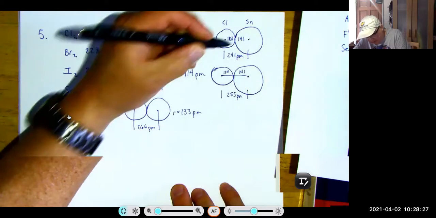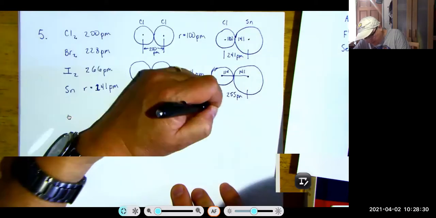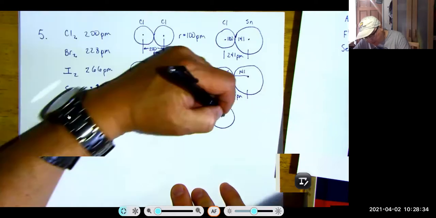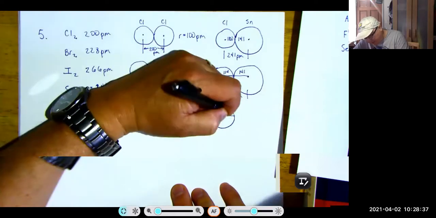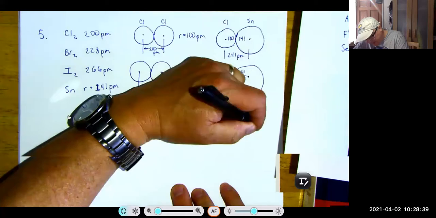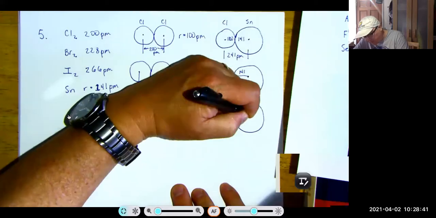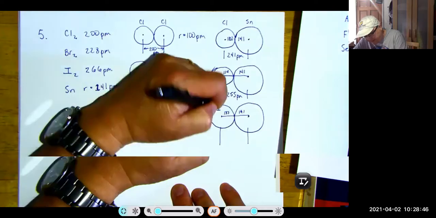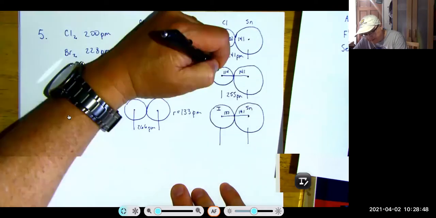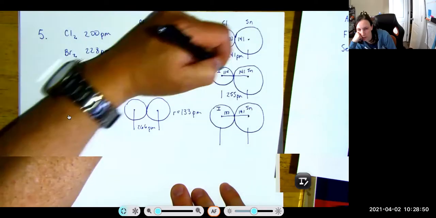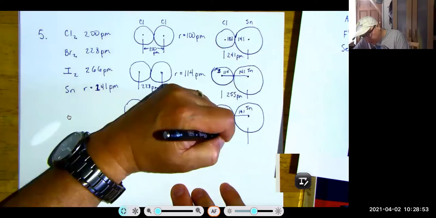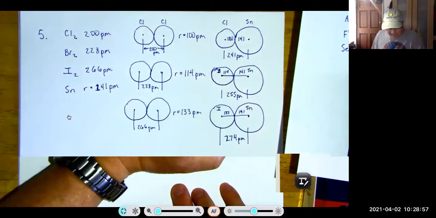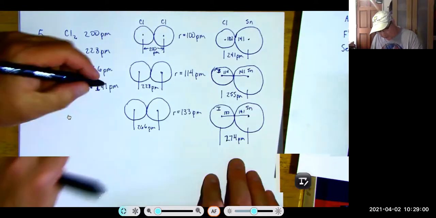And then lastly, we have an iodine, which is even bigger than bromine. And the distance to here is 133. And then we have our tin, which is even bigger than the iodine. And the distance to here is 141. So what is our bond length for iodine and tin? 274, right? Yeah, you made the mistake I made over here where I just goofed up.